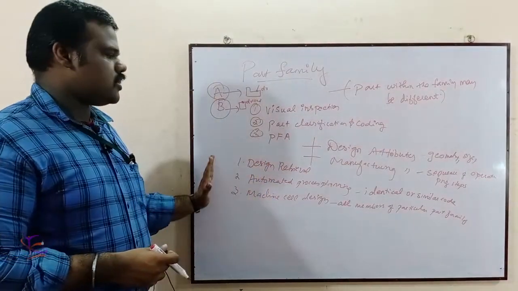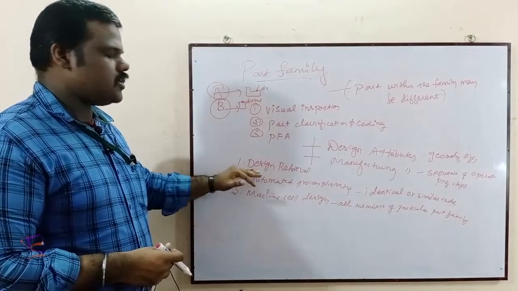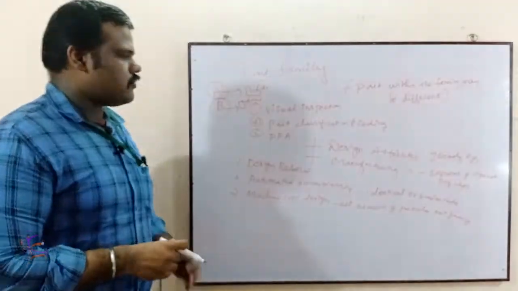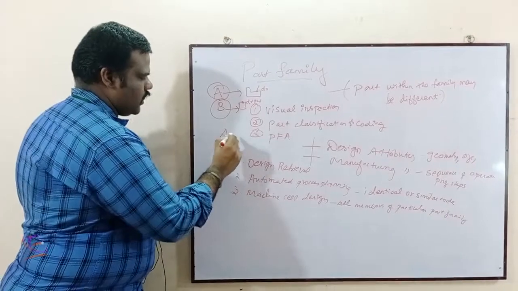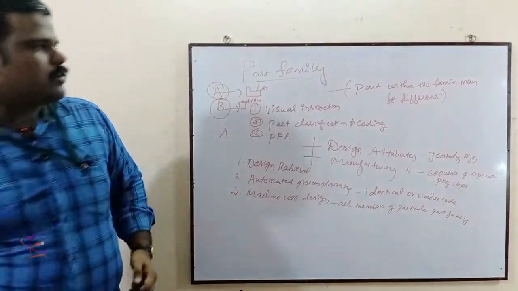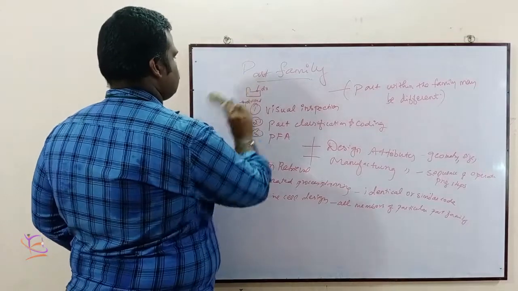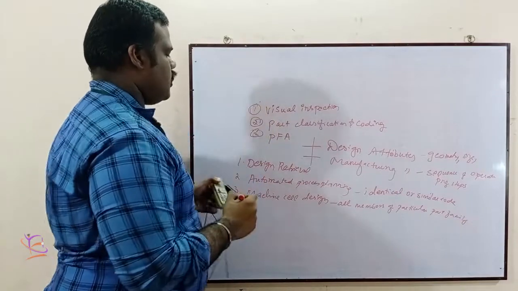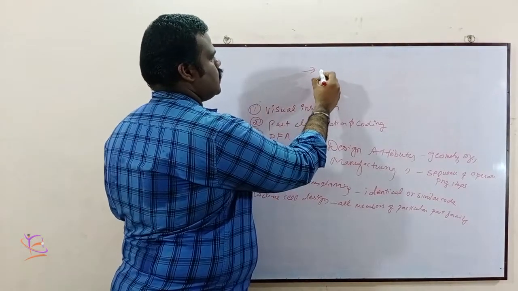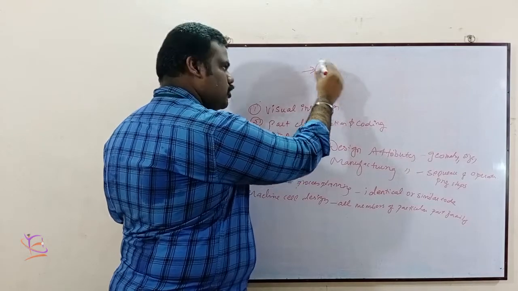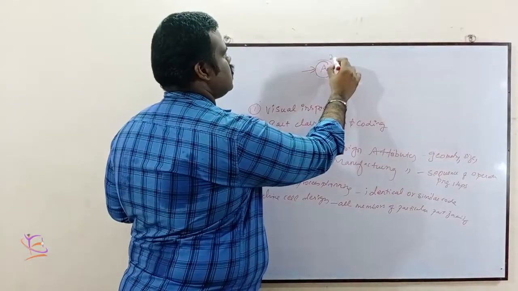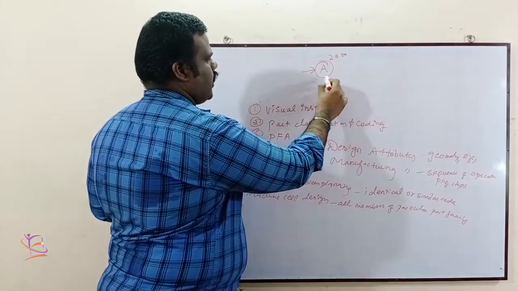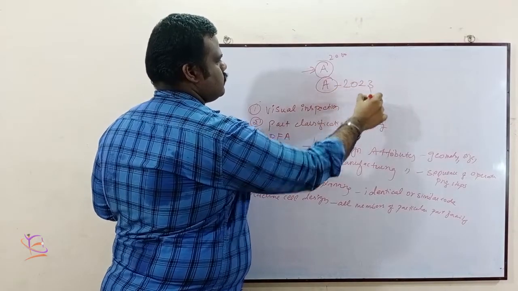Now again, what is the advantage of this part family? One is design retrieval. What do you mean by design retrieval? Very simple. For example, say I am producing a product A. I produced product A in 2010, and I am producing product A again in 2023.